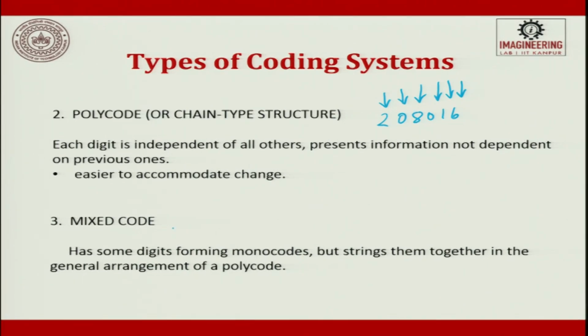A mixed code has some digits formed as monocodes but strings them together in the general arrangement of a polycode. That is a mixed code. Okay. So, we saw three: monocode, polycode and mixed code.